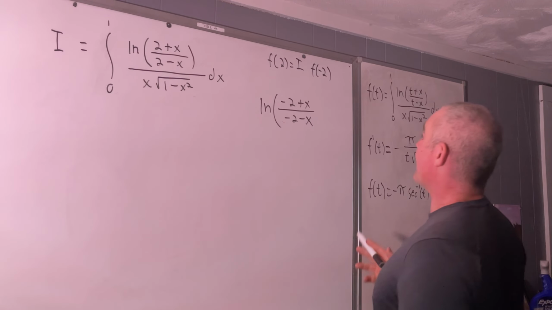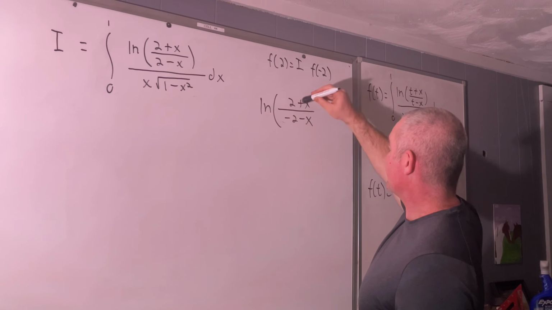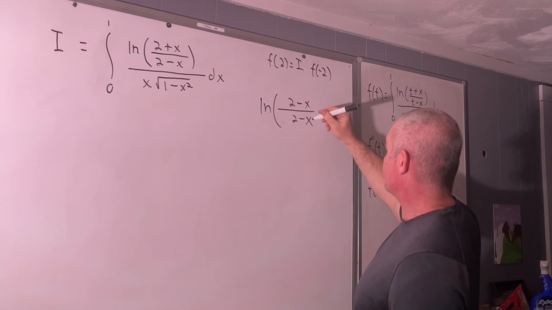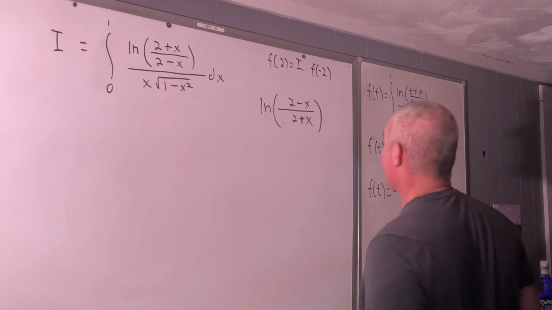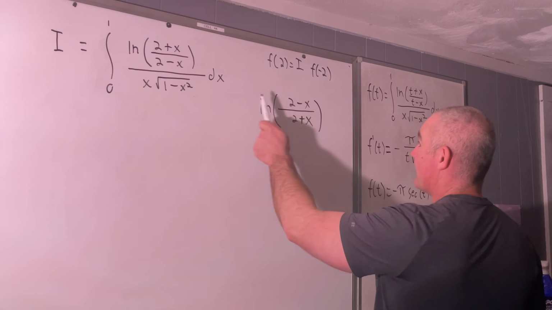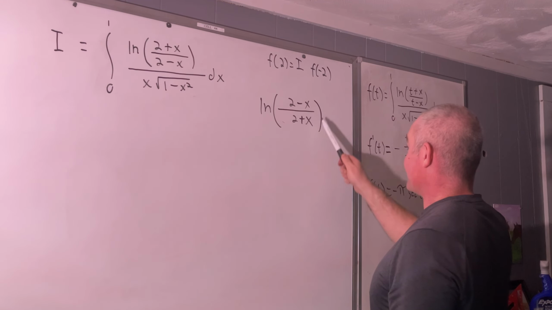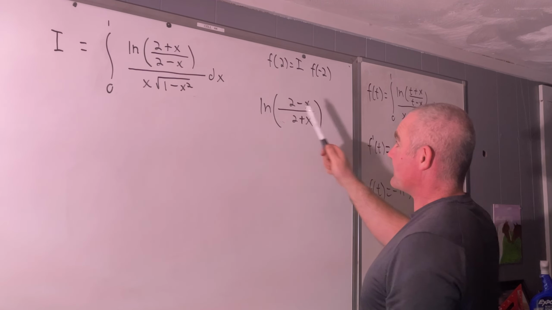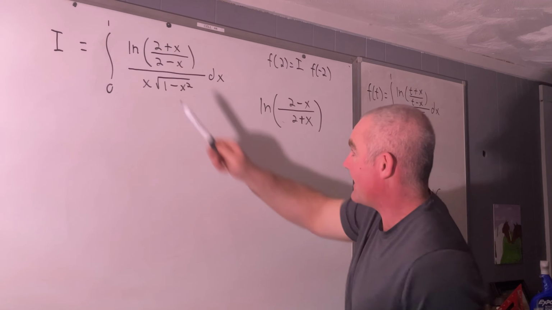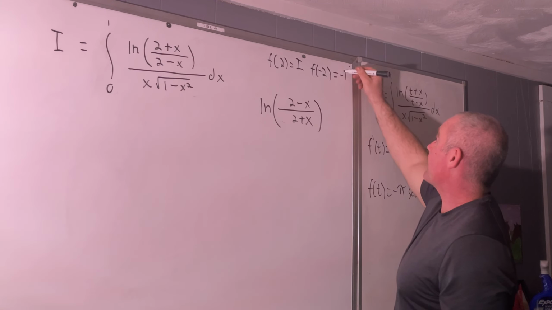Well, we can multiply the top and the bottom by negative 1. And we have that. Well, that is exactly the negative of this. This inside the natural log is just the reciprocal of that. In other words, it's this to the negative 1, and we can bring that negative out. In other words, f at negative 2 is negative I.